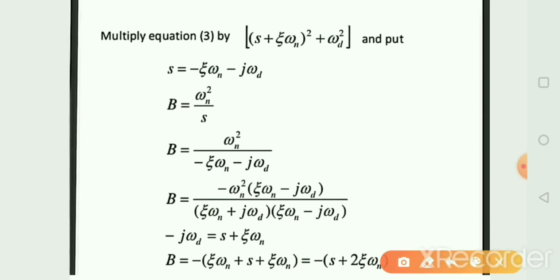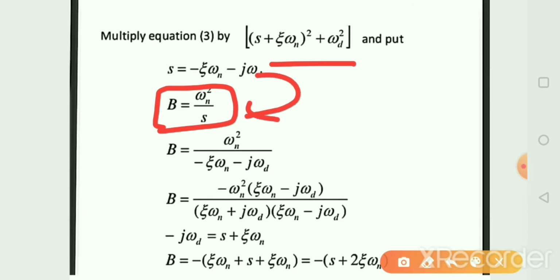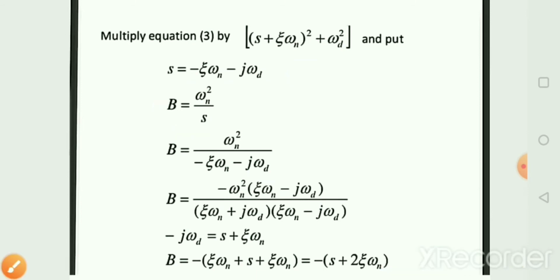If we find the value of b, at first when we multiply this value, we can find b equal to ωn² over s. So here we put the value of s, then we can find the value of b is −(s + 2ζωn).